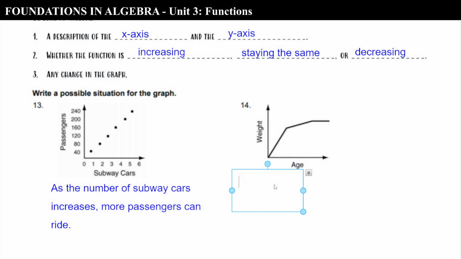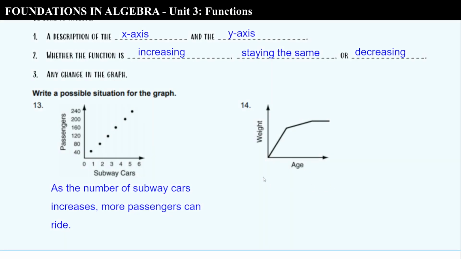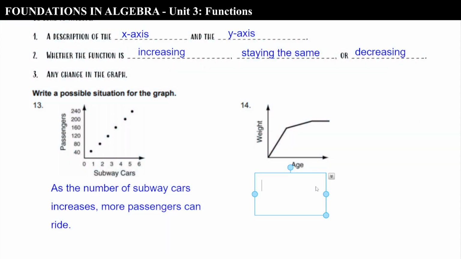For example 14 here, the weight of a person typically increases rapidly as they grow up, as they go through childhood and adolescence. Once they become an adult, or at least a teenager, they may start to gain weight a little bit slower until they eventually reach the weight that they're going to be, ideally, for the rest of their lives. Of course, we know that's not necessarily true.